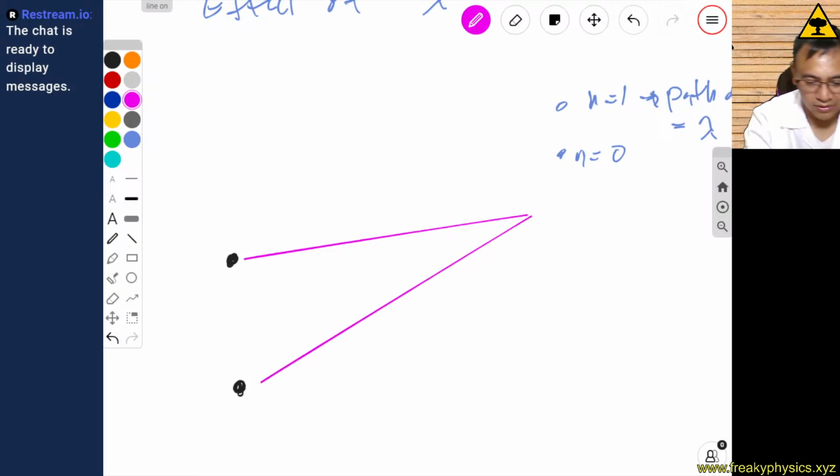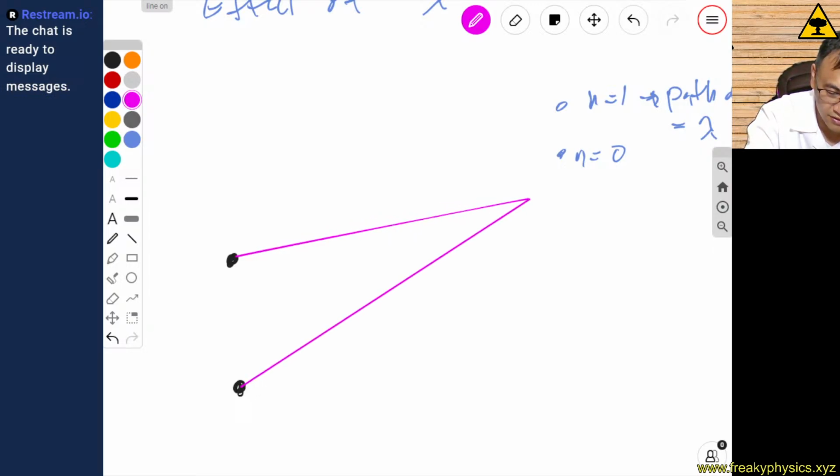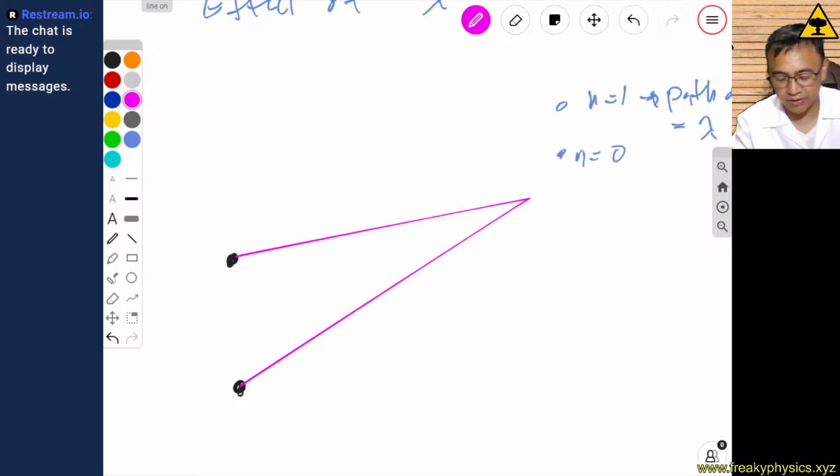Let's redo that again. There and there. Let's say that that's the first maximum. Now, we don't have to measure that, but I'm going to draw this like so.